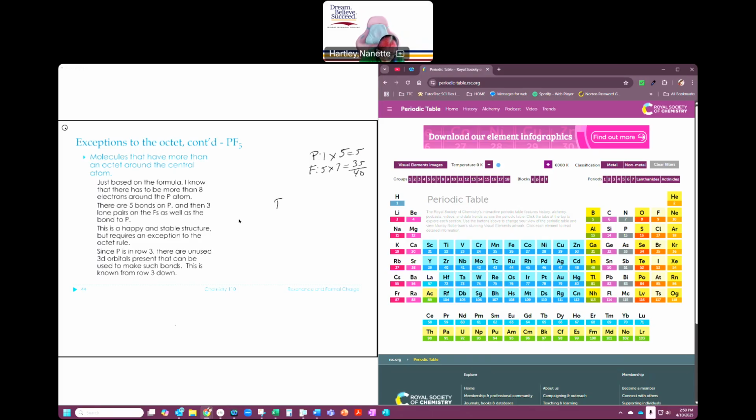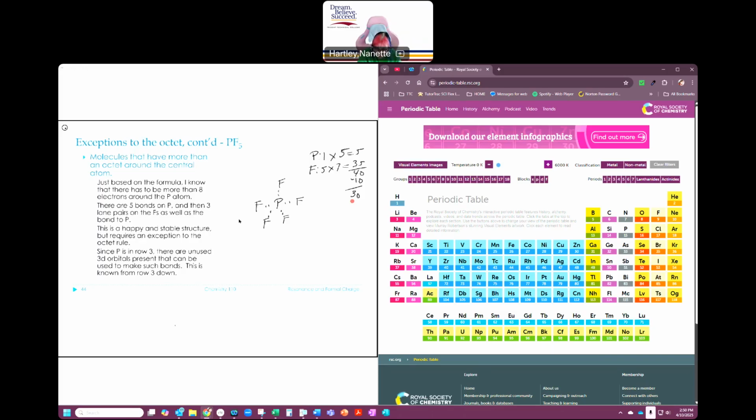Phosphorus is in the middle, and there are 5 fluorines around it. Last time I counted, that means that there are going to be 10 electrons in the bonds. And that's a violation of the octet rule because there are 10 electrons around phosphorus.